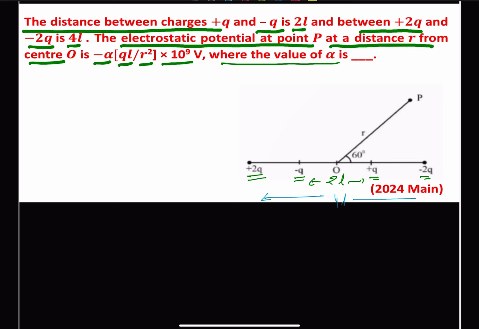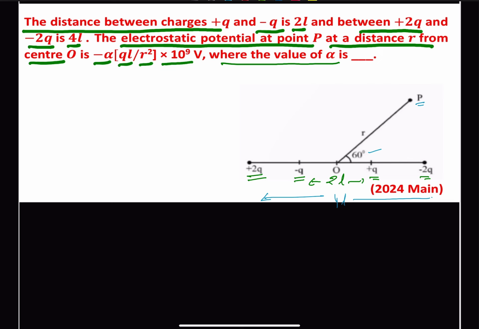But both dipoles, you can say, are opposite. And we have to find out the electrostatic potential because of both the dipoles, such that the middle point of this entire setup is making an angle of 60 degree with the radius vector or distance vector that is given as r.